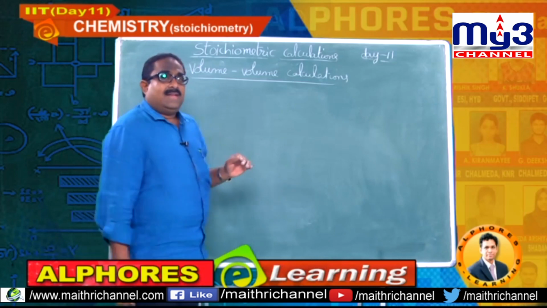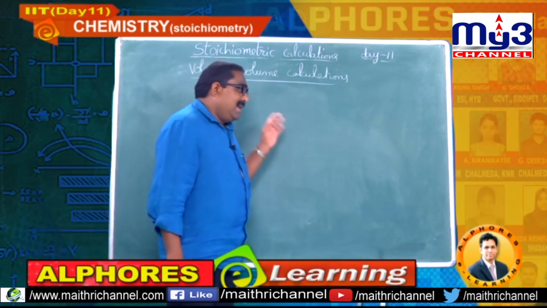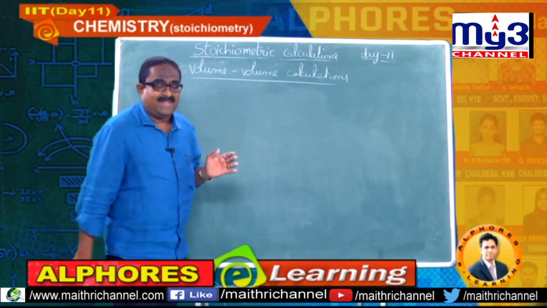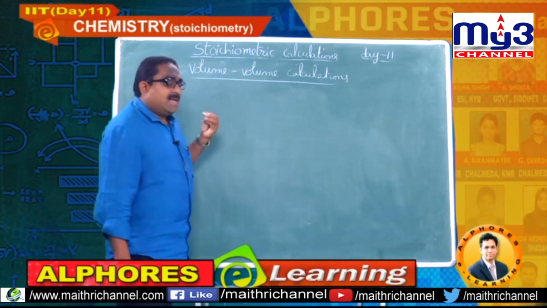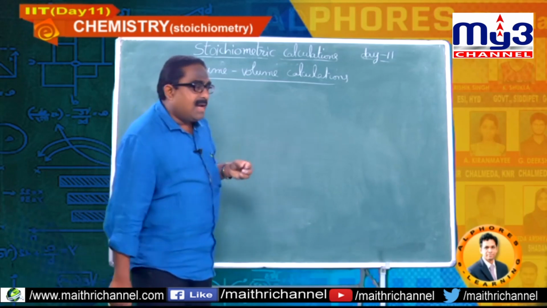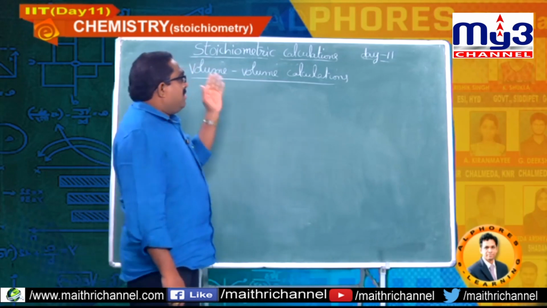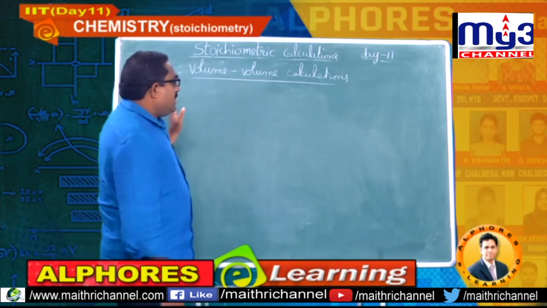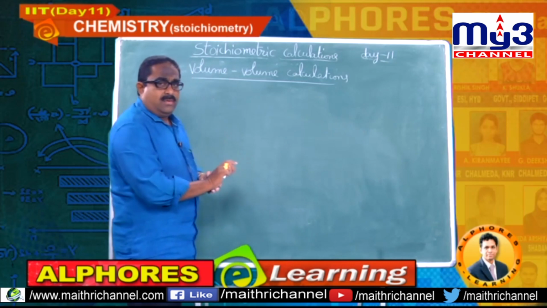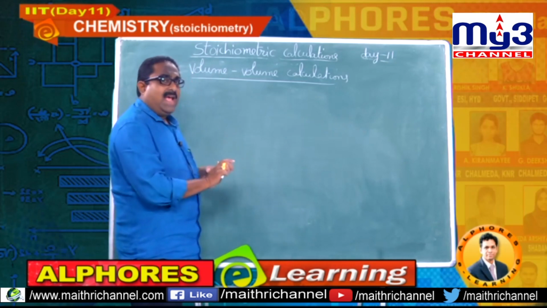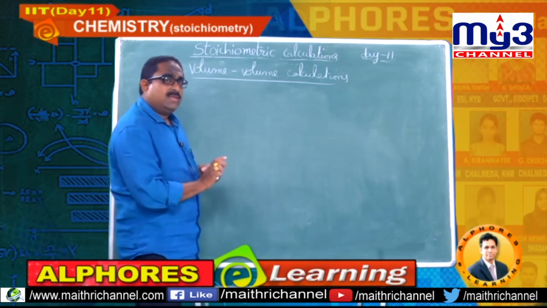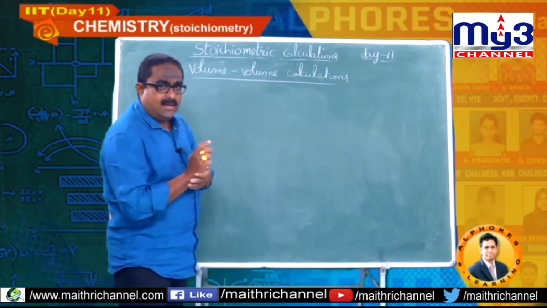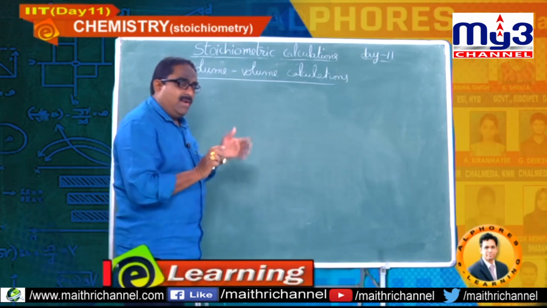Volume means majorly the reactions which involve gases as components. So for such gas mixtures or gaseous reactions, the mole ratio is always exactly equal to the volume ratio. Let me go through one or two examples, then I will switch over to the different types of numerical approach under this heading.